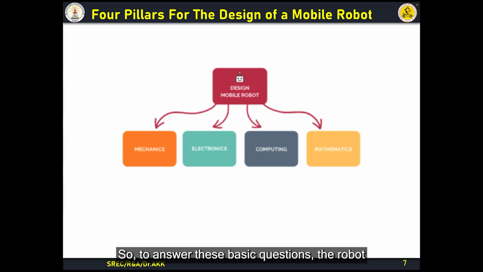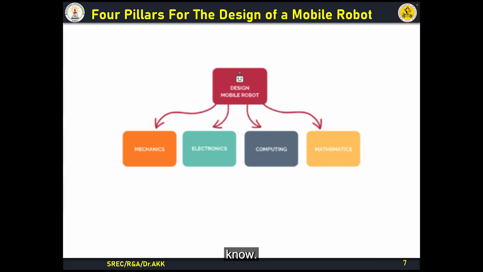To answer them, the robot must first make measurements and model the environment where it has to be deployed, and localize itself. Based on the localization, we need to plan a path to its goal and control its motion. These are the relevant answers to the three basic questions.